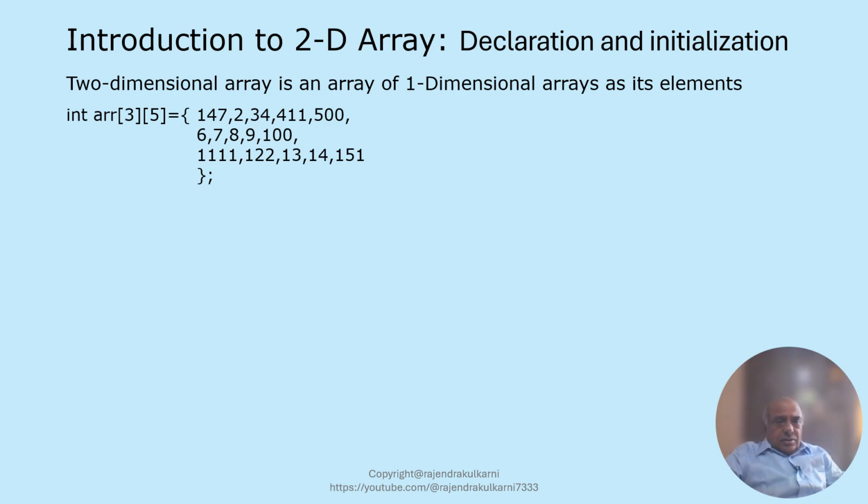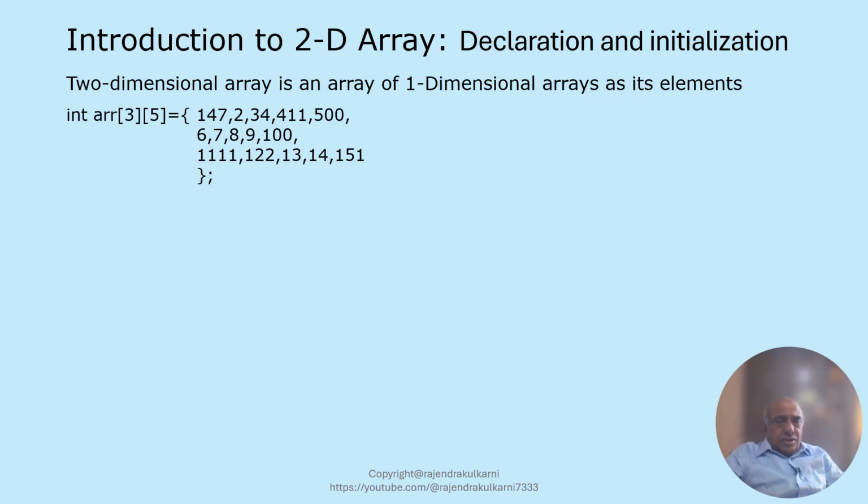Here we have declared an array arr as a 2D array having dimensions 3 and 5. So it will contain 15 elements, 3 into 5, and accordingly we have inserted 15 int constants within the curly braces, and after the closing curly brace there is a semicolon.